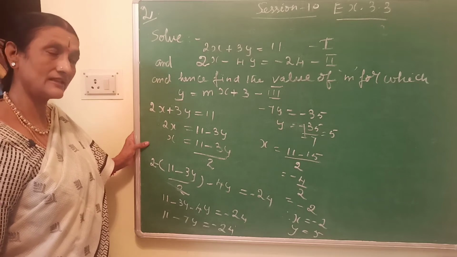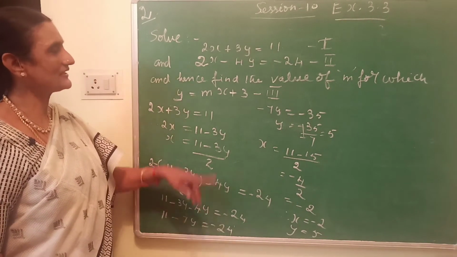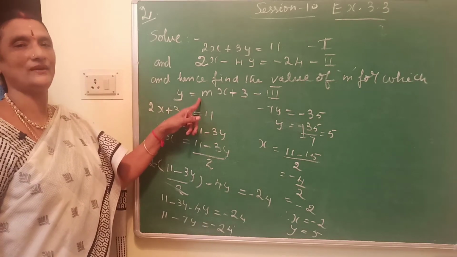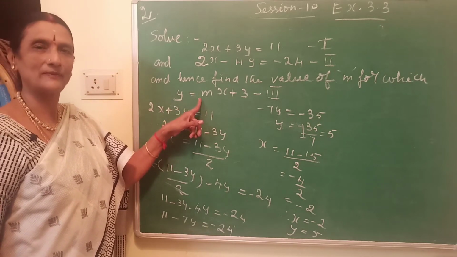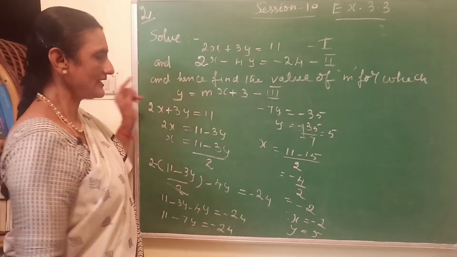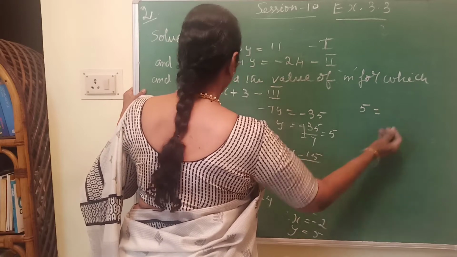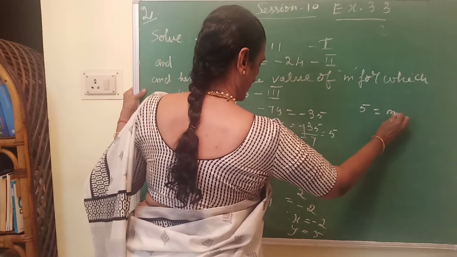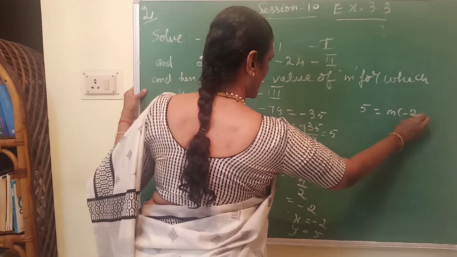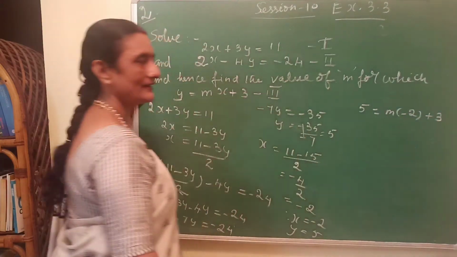Now, do you think that sum is over with this? It's not over. We have to substitute these values in the third equation, y is equal to mx plus 3, in order to get the value of m. Shall we try that? So it must be 5 is equal to m into x, which is minus 2, plus 3. Is that clear?